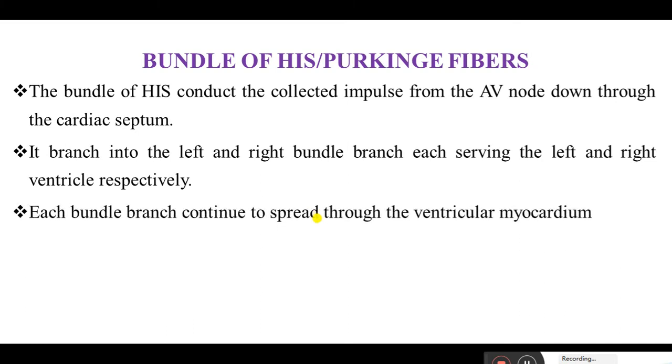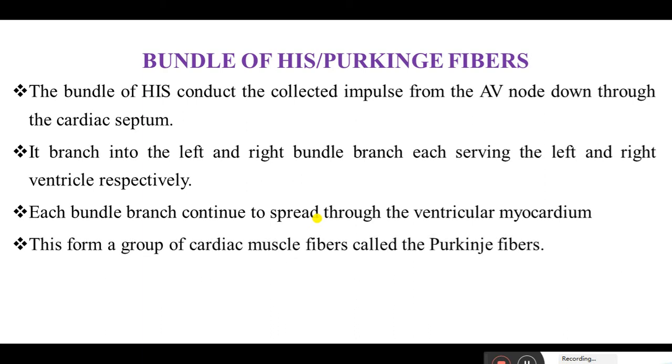Each bundle branch continues to spread through the ventricular myocardium, each projecting finger-like projections, a group of cardiac muscle fibers called Purkinje fibers.